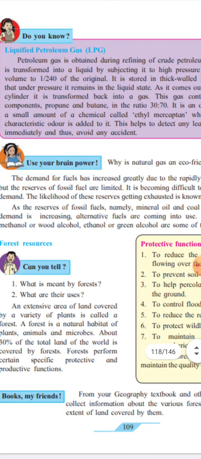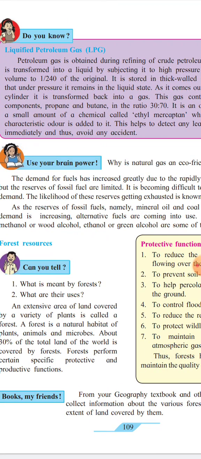Use your brain power. Why is natural gas an eco-friendly fuel? The demand for fuel has increased greatly due to the rapidly growing population, but reservoirs of fossil fuels are limited. It is becoming difficult to meet the increased demand. The likelihood of these reservoirs getting exhausted is known as energy crisis.